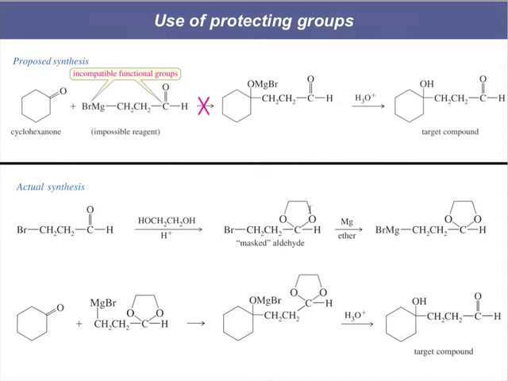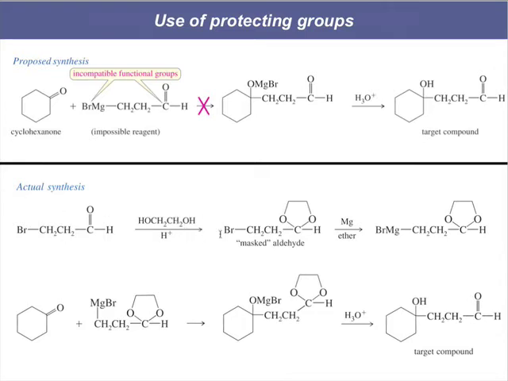This is a group that is no longer susceptible to nucleophilic attack. It's no longer an aldehyde either. It's no longer susceptible to nucleophilic attack, but it can be reconverted back into the aldehyde in a later step. So our first step would be to protect our aldehyde using ethylene glycol.